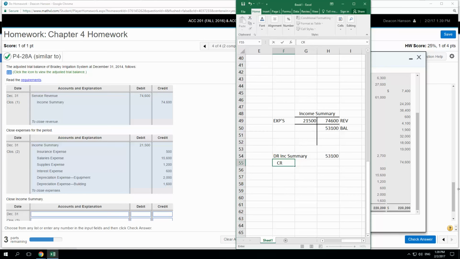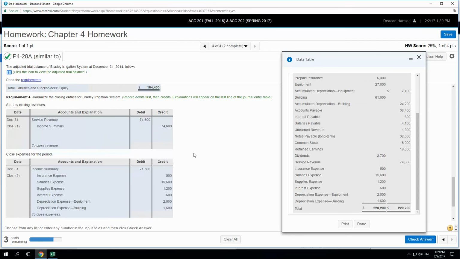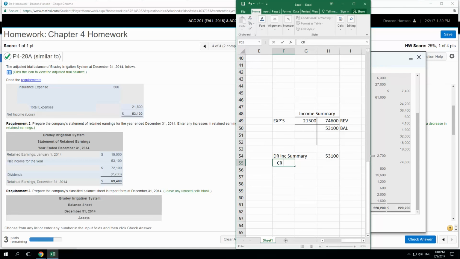Retained earnings, right? And it also shows over here on the retained earnings statement, right? You're rolling net income up into the retained earnings via the retained earnings statement. We also have to make a journal entry to reflect that. So we would be crediting retained earnings for that 53,100.